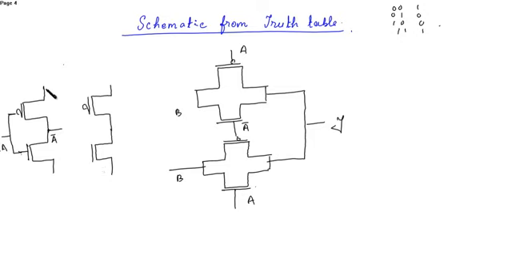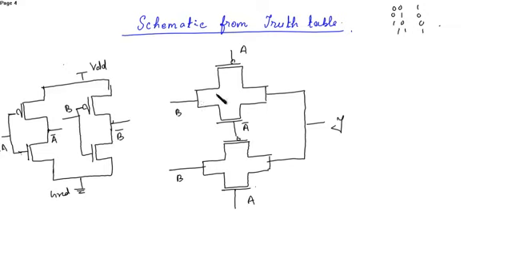Now this is connected to VDD and this is connected to ground. From here you have input B and the output is B bar. So this is B and this is B bar.